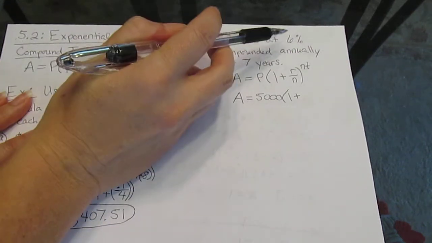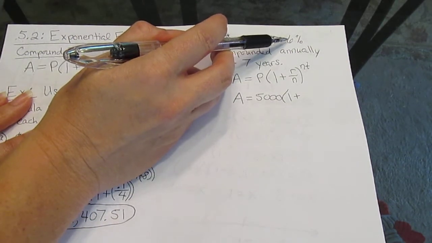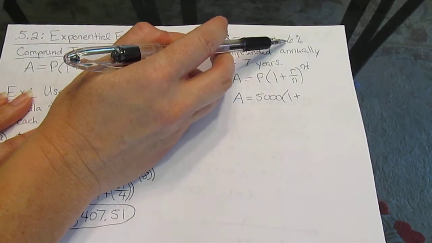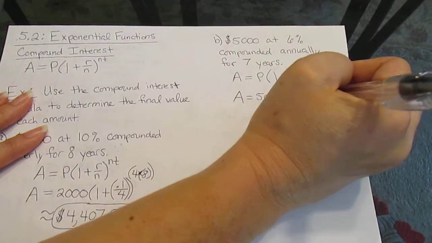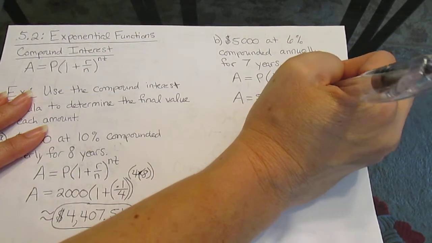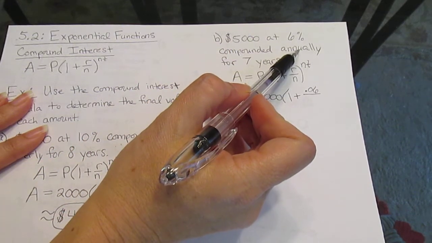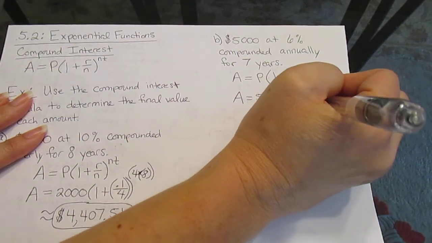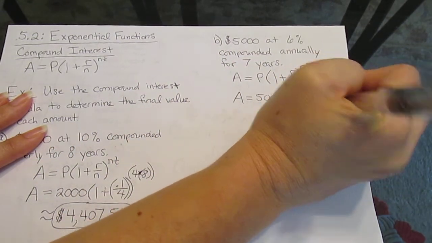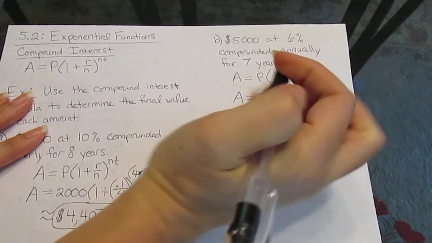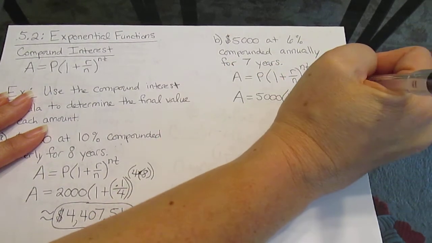The R, 6%. Divide it by 100 or move the decimal 2 places to the left. So it'll be 0.06 over. It's compounded annually this time. That means once per year. So 1 times, it was 7 years.